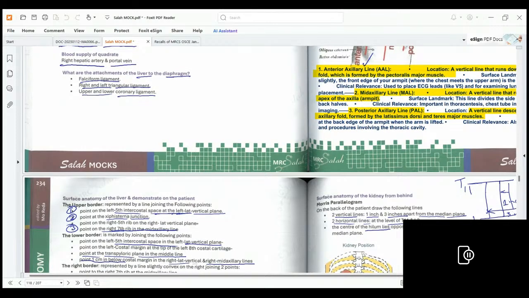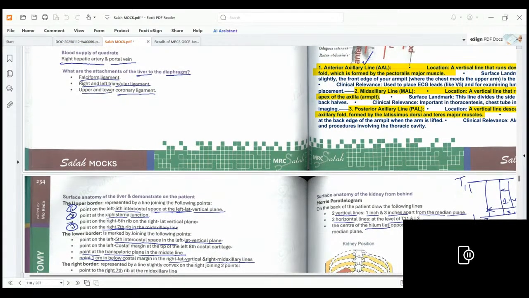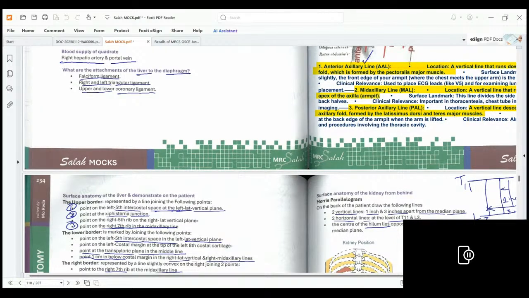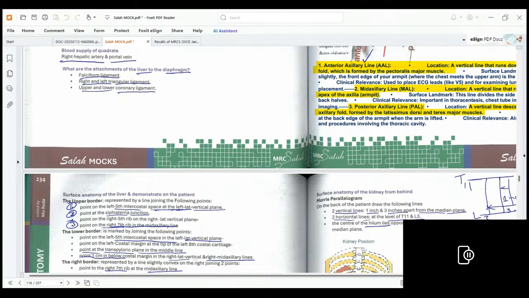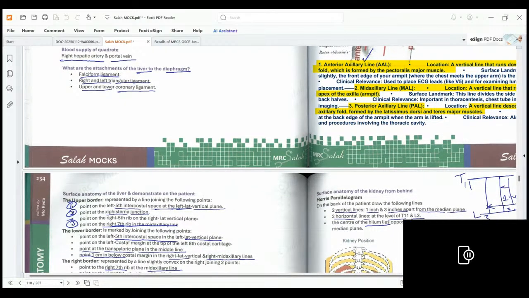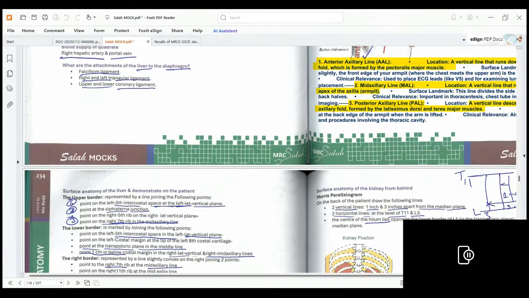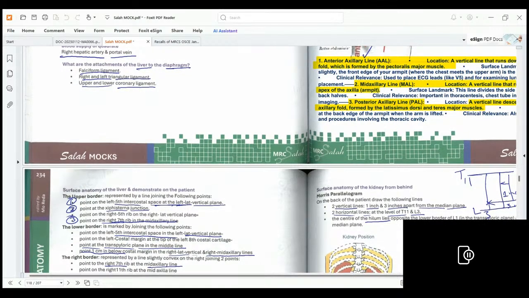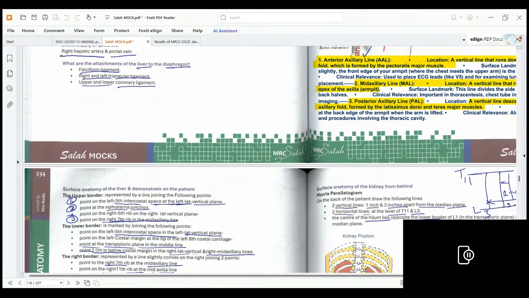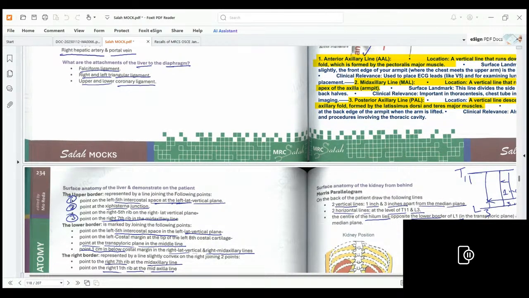Upper border. It will be like a point on the left fifth intercostal space. That will be like the apex. Left fifth intercostal space at the left lateral vertical plane.